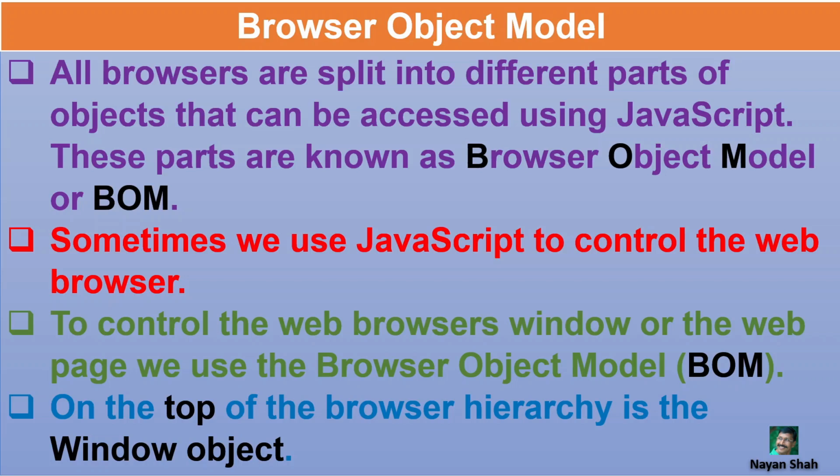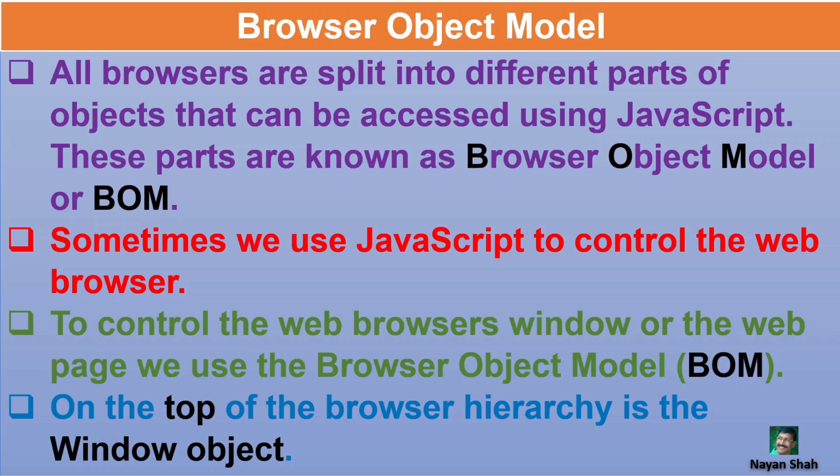So to control the web browser's window or the web page, rather, we use the browser object model. The main purpose of the browser object model is to control the content on the web page, or rather to take some action when something happens on the web page.